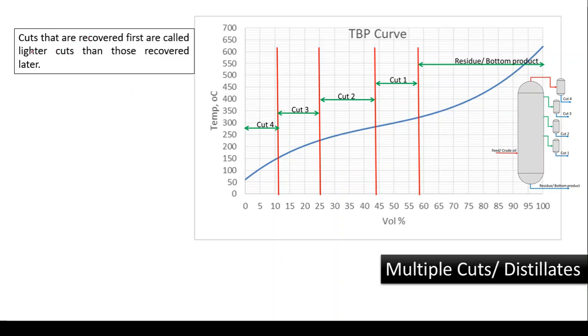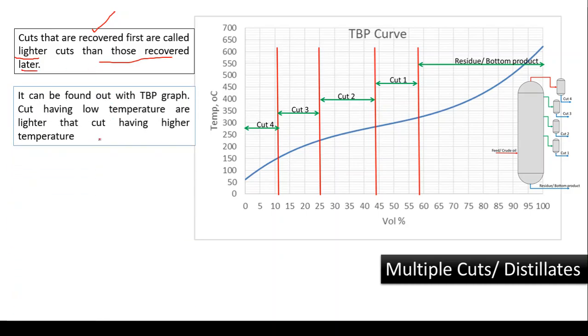Cuts that are recovered first are called the lighter cuts, and those recovered later are heavier. Don't be confused about it. In other words, it can be found from the TBP graph: cuts having a low temperature are lighter than the cuts having a higher temperature.